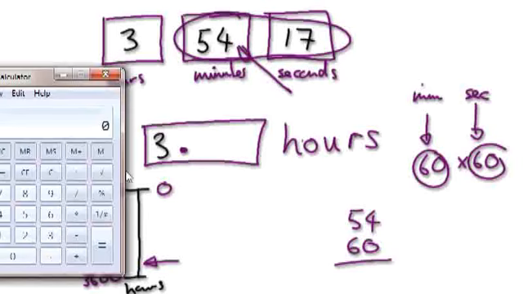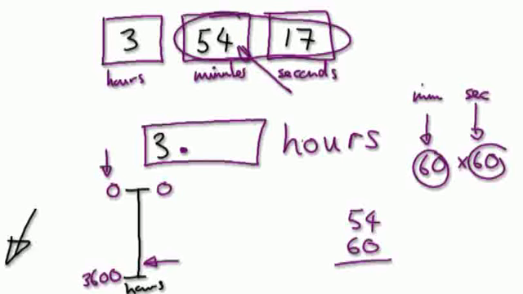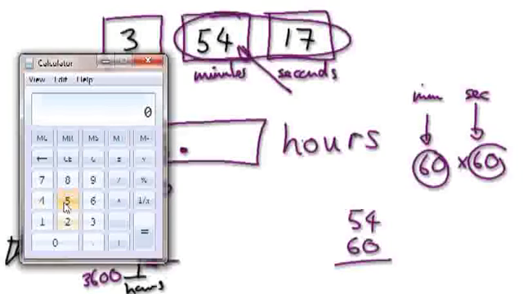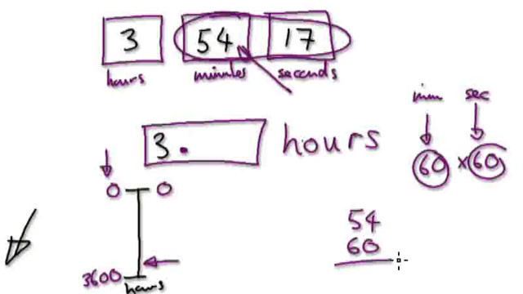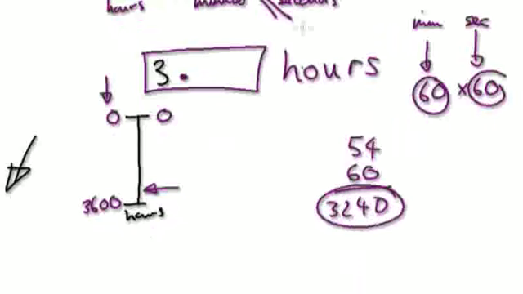Okay, so hang on, 54 times 60 equals 3,240. So now this 54 minutes is 3,240 seconds. Don't forget we still got the extra 17 seconds here. So let's add 17 to this. So this will be this.